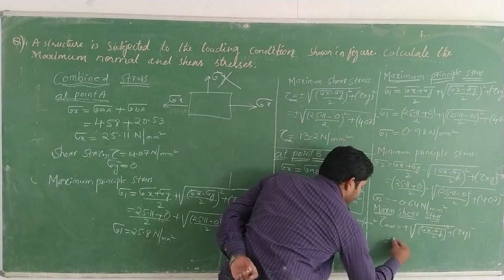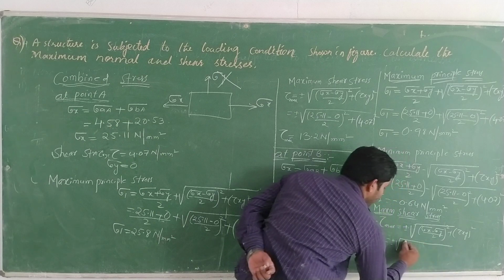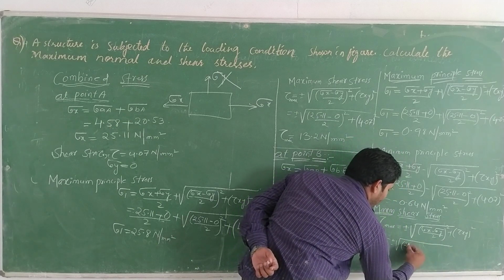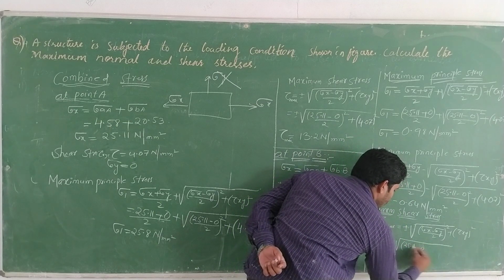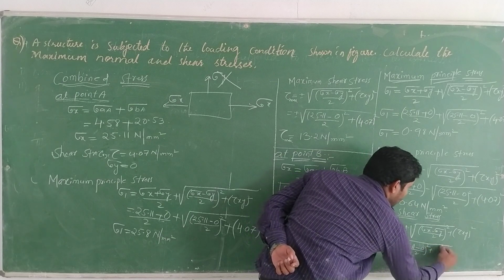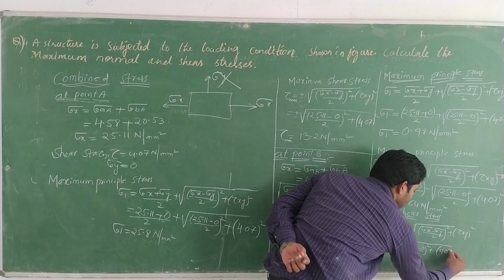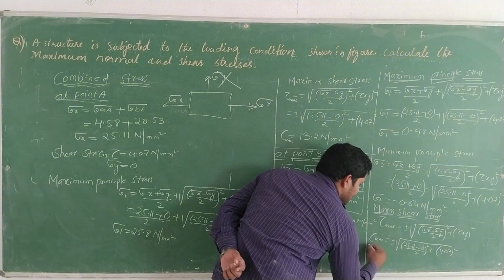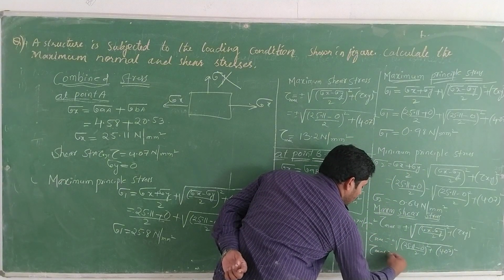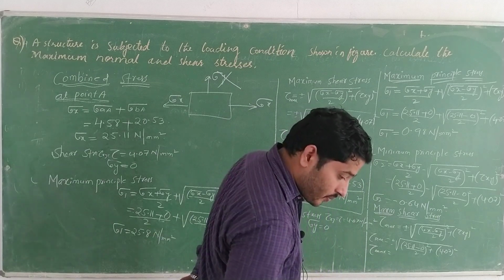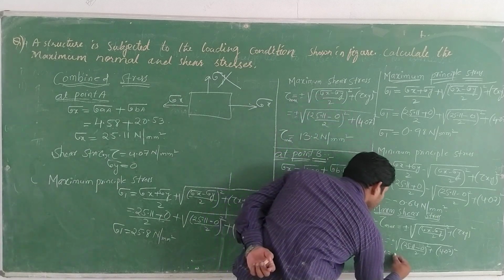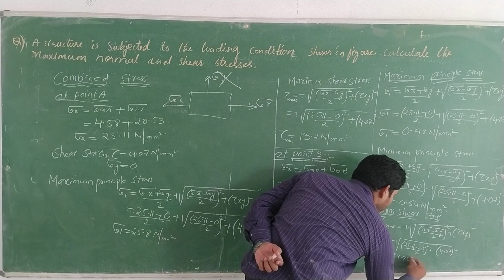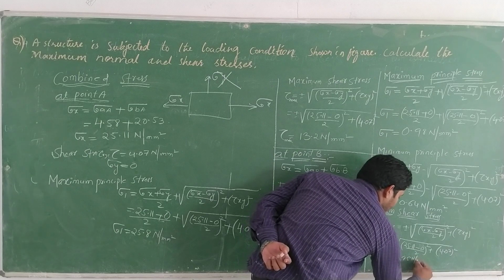Substituting, sigma x is 25.11 minus 0 by 2 whole square, and tau xy is 4.07 whole square. Then I am getting tau max equal to 8.95 Newton per mm square.